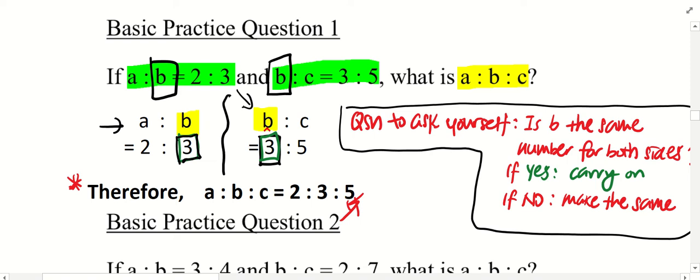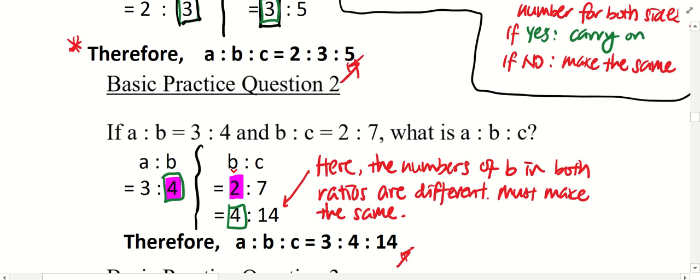So since this is the same number for both sides, we can immediately go ahead and combine. A is to B is to C is 2 is to 3 is to 5. No problem. However, if the number of units for B on the left hand side and on the right hand side is not the same, then we cannot immediately do that.